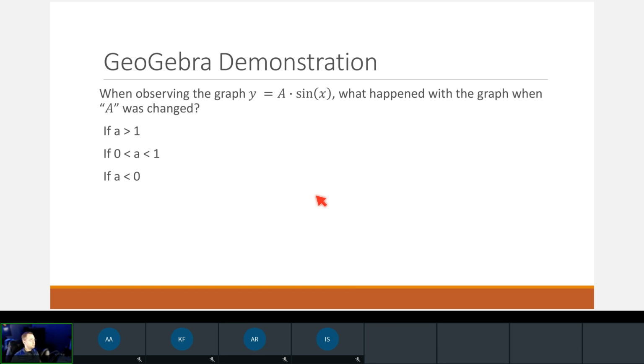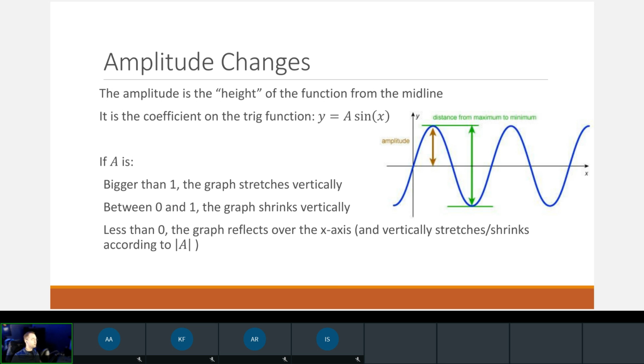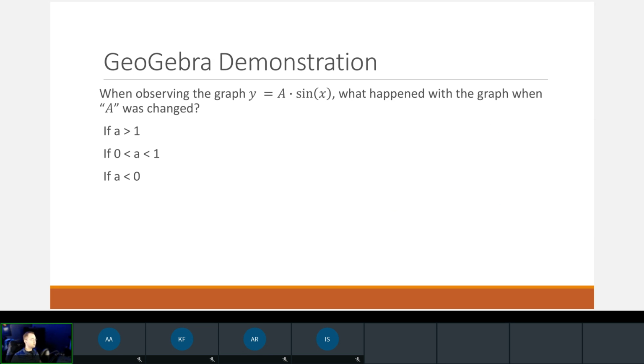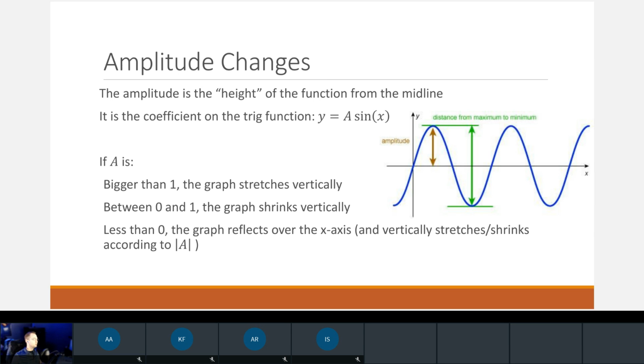So today we'll be changing something called amplitude. I feel like my slides are out of order. Let me go to this page first, and then I'll come back to this one. All right, so amplitude. The amplitude is the height of the function from the midline. Now that's important.